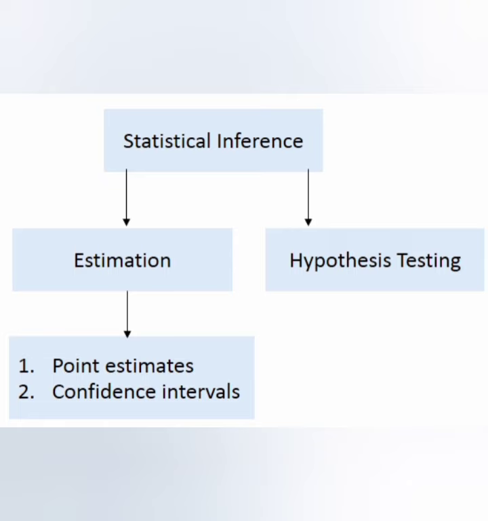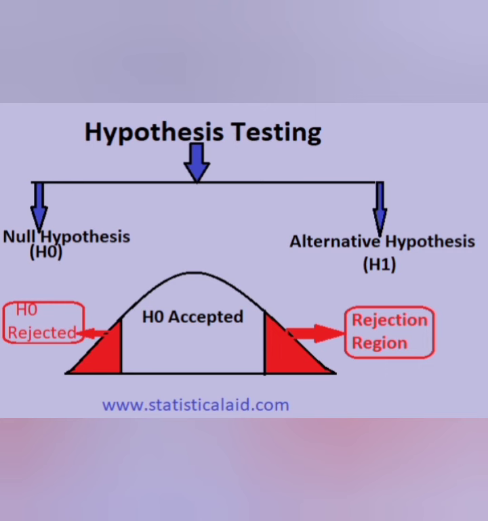Now, next in line will be the setting of a hypothesis. We will start with the null hypothesis. The word null actually means a no hypothesis. This is basically the starting point of any statistical test, in which there has to be a statement of null hypothesis, which denotes a no difference hypothesis. That is, it says that there is no difference between the two samples under the study.